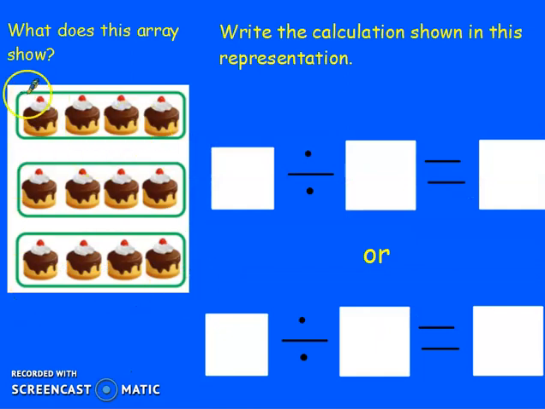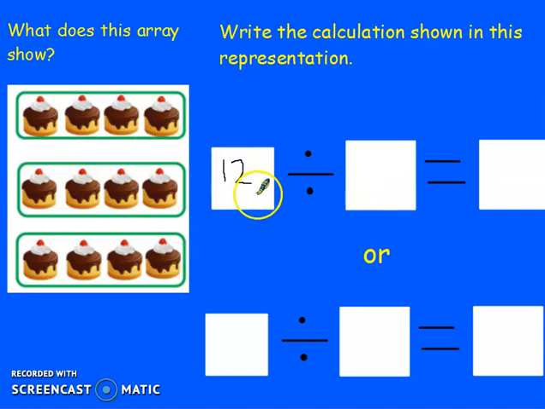We have an array of cakes here as well. Can you write down the calculations to show this representation, please? So how many cupcakes do we have? How many groups are they shared into? And how many cupcakes are in each one? So we have 12 cupcakes to begin with.